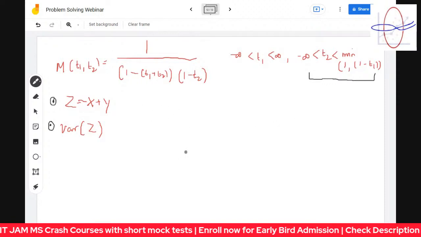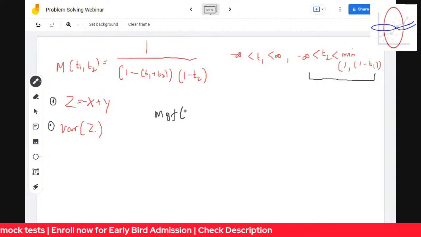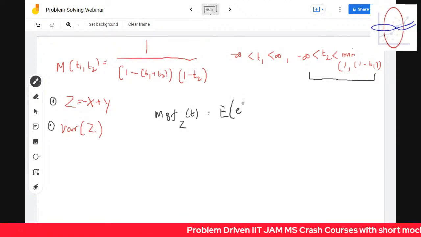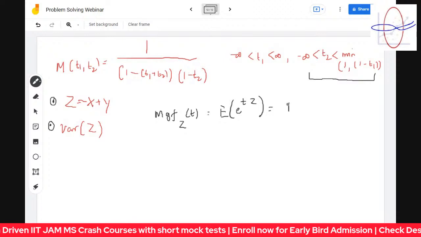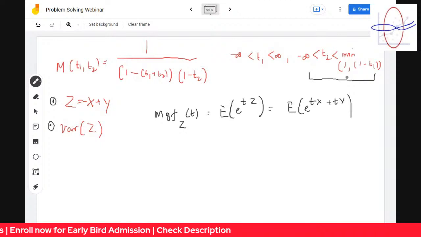So as you know, if you find the moment generating function of Z, that is the MGF of Z at t, which is equivalent to the expectation of e to the power tZ. Z is what? Expectation of e to the power tX plus tY. Now understand what this MGF is.